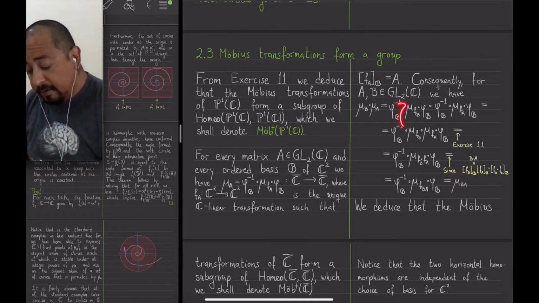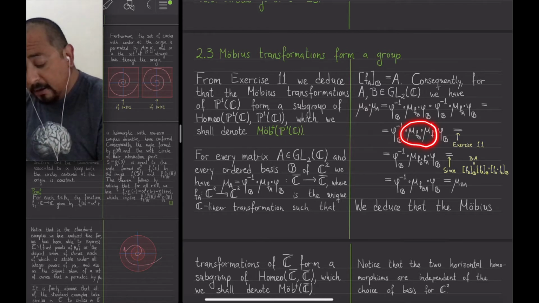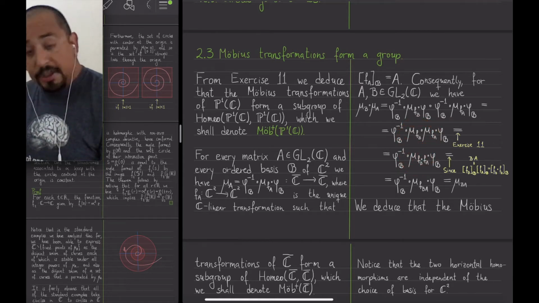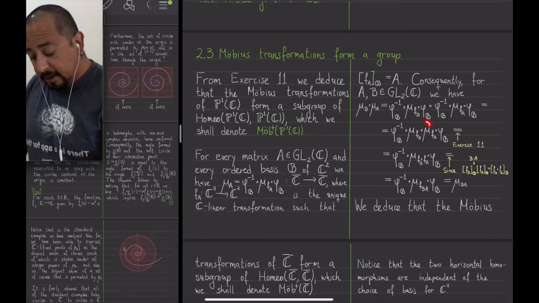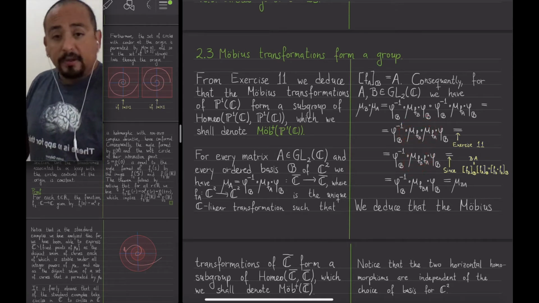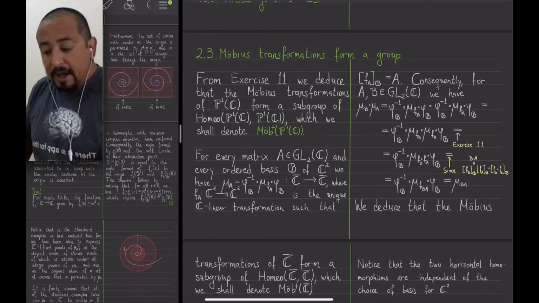And it becomes a straightforward computation that boils down to the item in exercise 11 that states that this composition of Möbius transformations of P1 is equal to this Möbius transformation of P1 associated to the composition of the original linear maps, which I remind you actually all came down to the very definition of composition of functions. So it came down to a very basic fact.